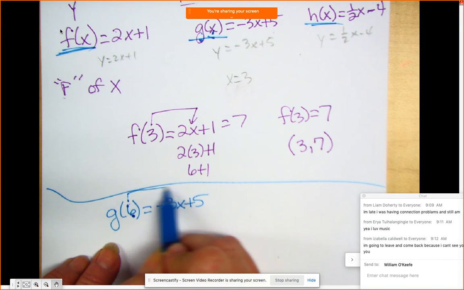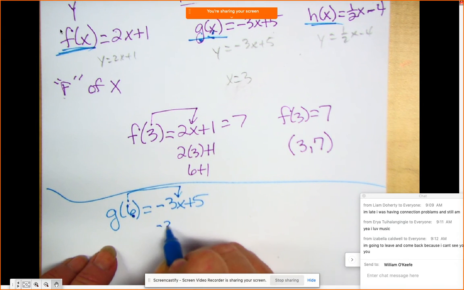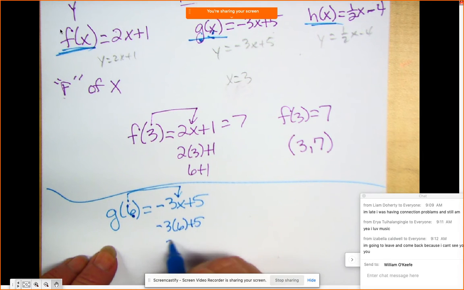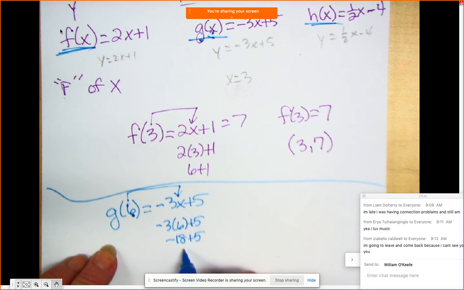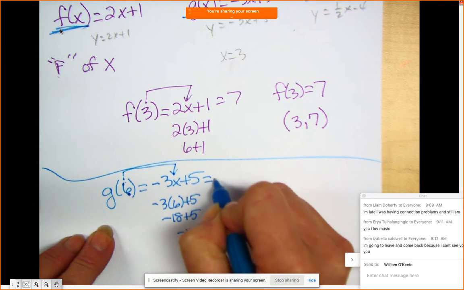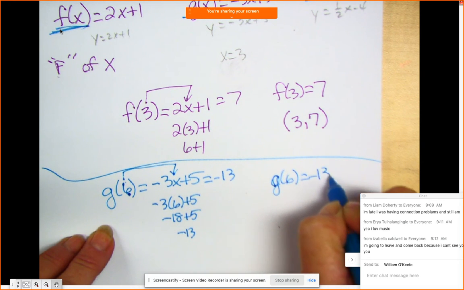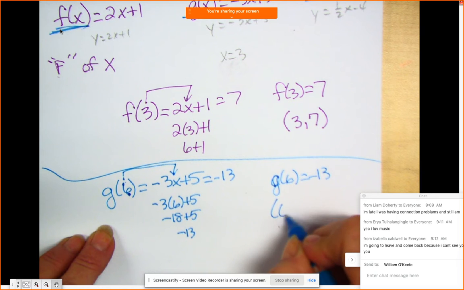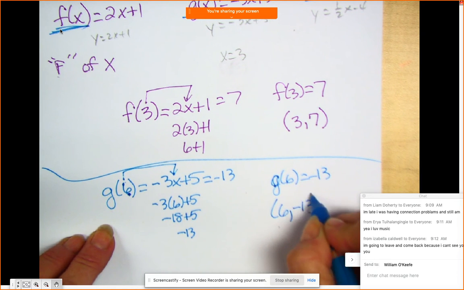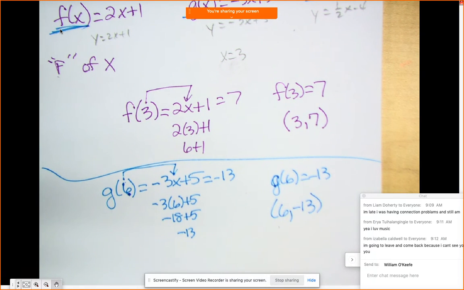So I'm going to take this 6 and plug it in. Negative 3 times 6 plus 5, I get negative 18 plus 5. It looks like I'm going to get out a negative 13. So g of 6 is negative 13. I want you to know that this is an ordered pair. When I input a 6, I got out a negative 13. It's not hard. It's super, super simple.